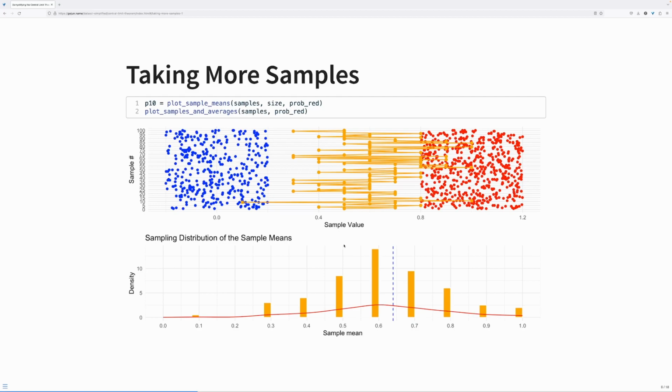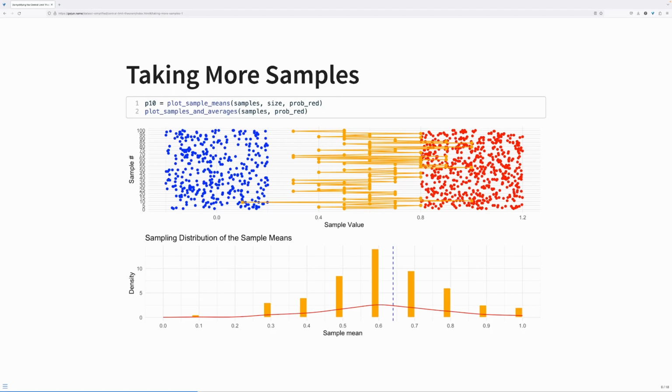The bottom part is a histogram. As we can see, the sample means are around the true population mean. Some are lower and some are higher, and we have some extreme values like 0.1 and some near 1. But notice how spread out they are. It suggests that drawing just 10 marbles at a time might not give us the best representation.